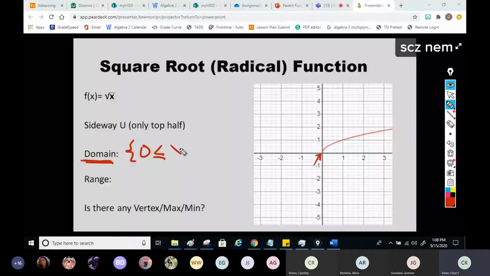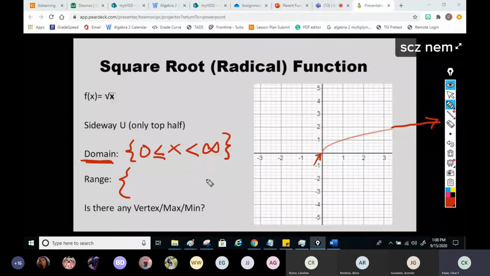And how far right is it going to go? It goes on forever to the right, so you will have positive infinity. It will go as far left as 0. It stops right here. And it will go as far right as positive infinity.